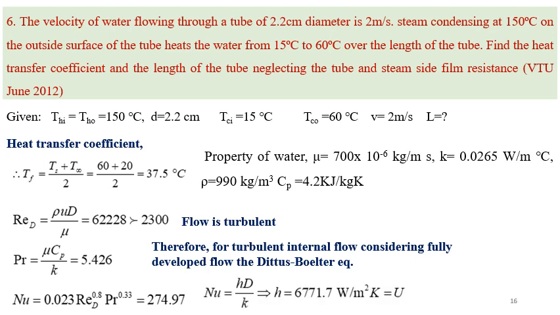From this we can calculate h. Nu is equal to hd by K. So h is 6,771.7 watt per meter square Kelvin, which is nothing but U, because in this question they asked to find the heat transfer coefficient and the length of the tube, neglecting the tube and steam side film resistance. All resistances are neglected, only h is considered, so h is equal to U.